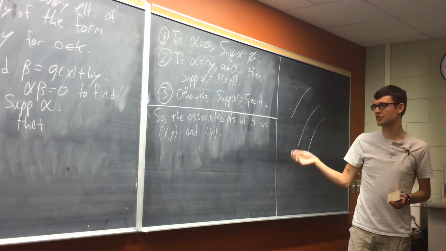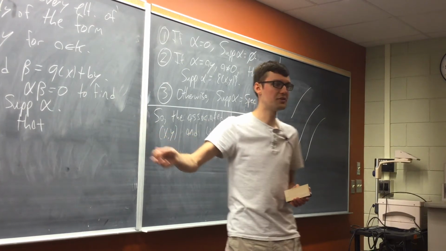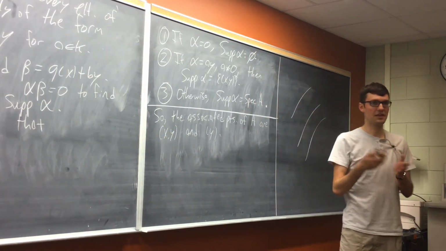There are ones that are generic points for honest-to-goodness irreducible components of your scheme, and ones that aren't. So we make that distinction.